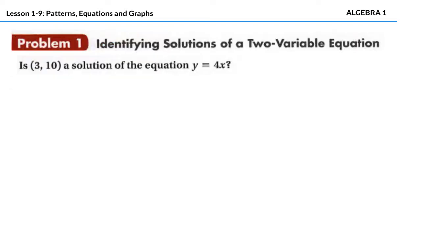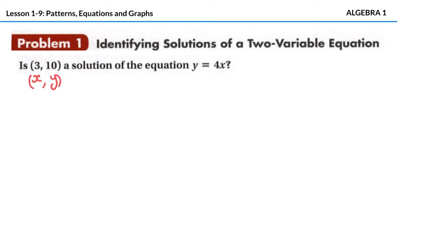Let's try this. Identifying solutions of a two-variable equation. Is (3, 10) a solution of the equation y equals 4x? We know that this is an ordered pair where 3 is the x value and 10 is the y value. So we can write this is x and this is y. This is an ordered pair.